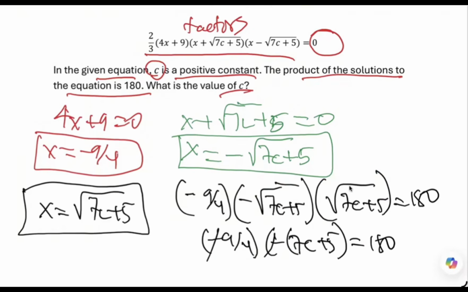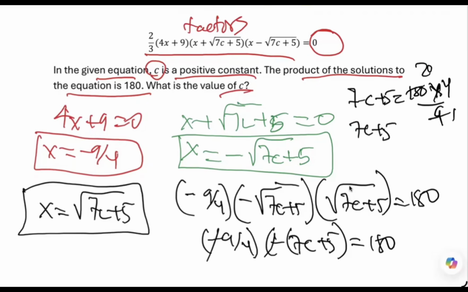And then you're going to have 7c plus 5 equals 180 times 4 over 9, right? This goes here, 20. Therefore, 7c plus 5 is equal to 80. C is going to be 75 over 7. And that's your right answer. And as you can see, we did not do anything.